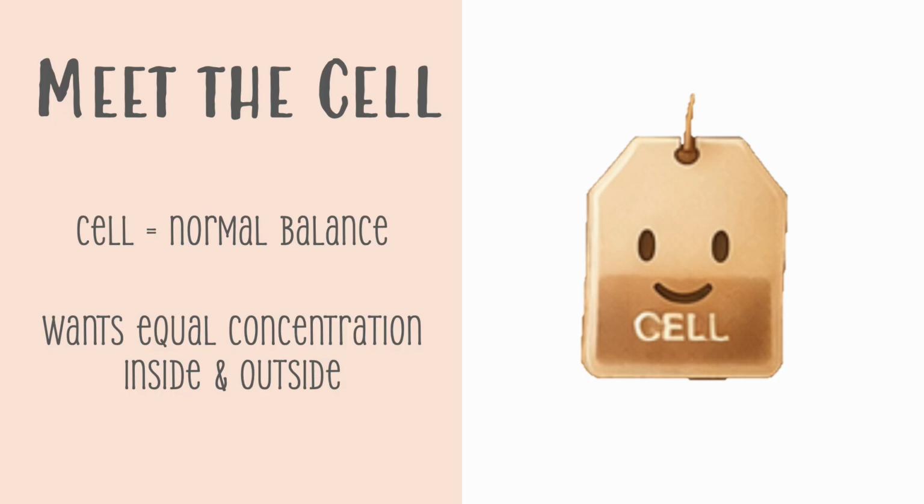So for example, with the tea bag, we want the exact same concentration of sugar or tea concentrate, if you will, on the inside of the tea bag as well as on the outside of the tea bag. If we have the same concentration, we have no drama, we have no swelling, we have no shrinking, we just have balance.